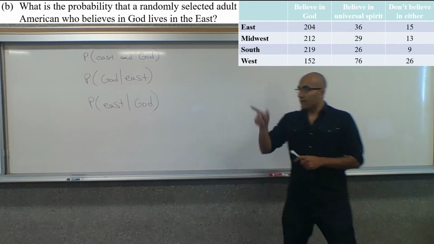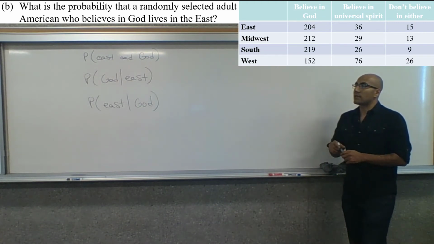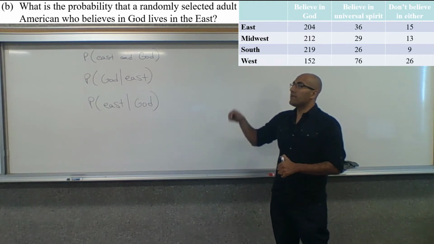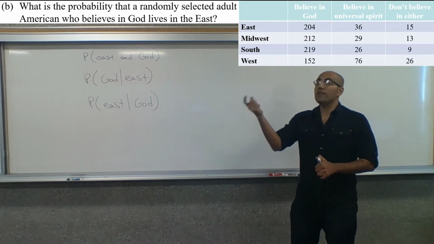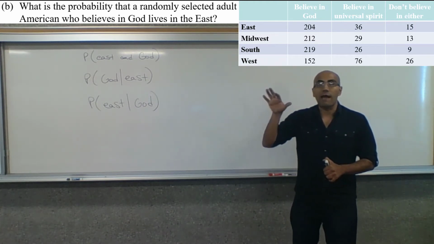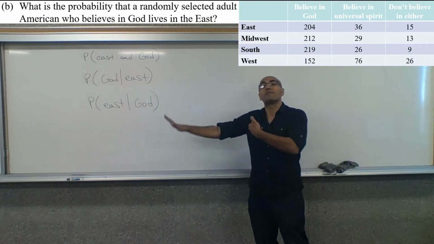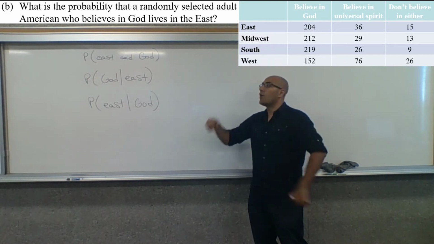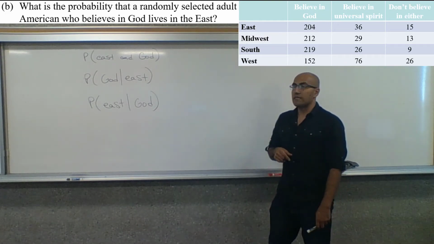So part B says, what is the probability that a randomly selected adult American who believes in God lives in the East? So the "who believes in God" part is fixed. I'm going to focus on the people that believe in God. Now that I'm definitely picking someone who believes in God, what's the probability that they live on the East Coast?